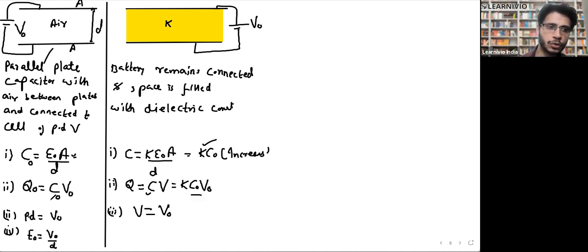Compare this with the case when air is in between the plates, then the charge is C naught V naught. When the dielectric is in between the plates, then this is K C naught V naught. That means your charge increases. Potential difference remains constant.